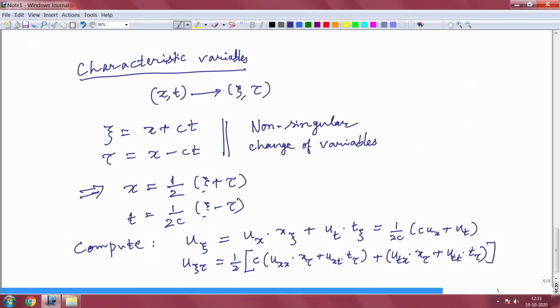Now if you simplify, x tau is again half, but t tau is minus 1 by 2c. So, you finally get 1 by 2c here, times 1 by 2, giving 1 by 4c.